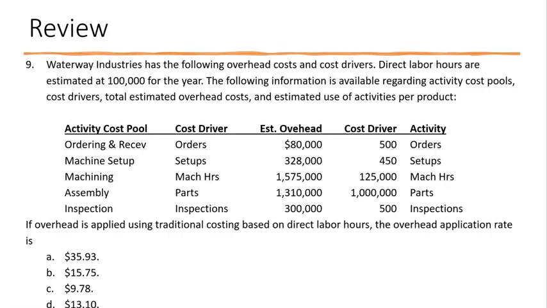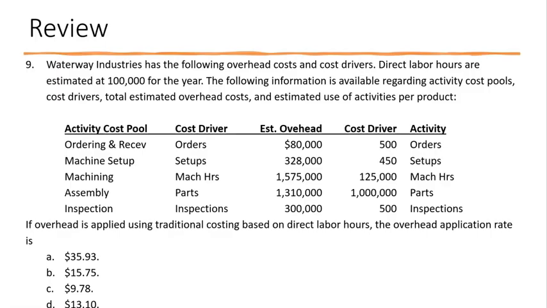So if overhead is applied using the traditional costing method based on direct labor hours, the overhead application rate is, no matter what method we're using, we're going to use the formula that our overhead rate is our estimated overhead divided by our estimated activity. If we're doing it based on direct labor hours, our activity is direct labor hours that we're estimating at 100,000 for the year.